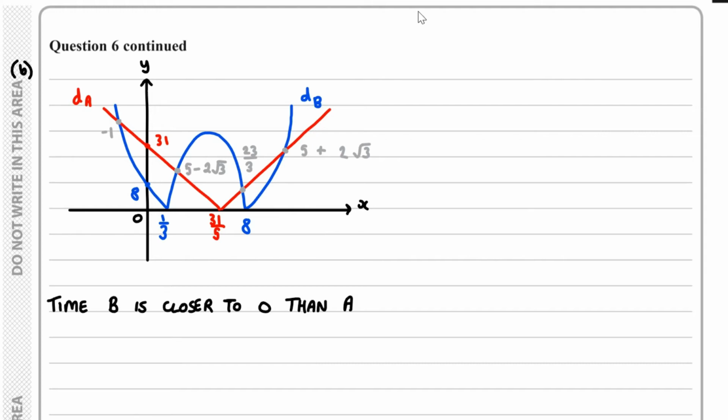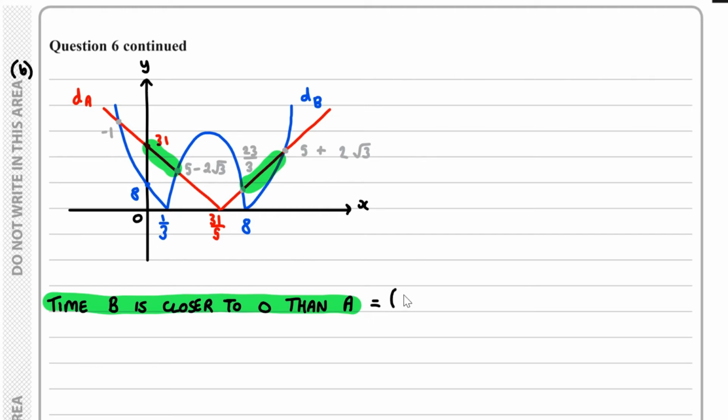Well, over here, the time that B is closer to O than A, we've got this bit over here, and then we've got this bit over here. Of course, time can't be negative. So therefore, we have this time over here from the y-axis to here.